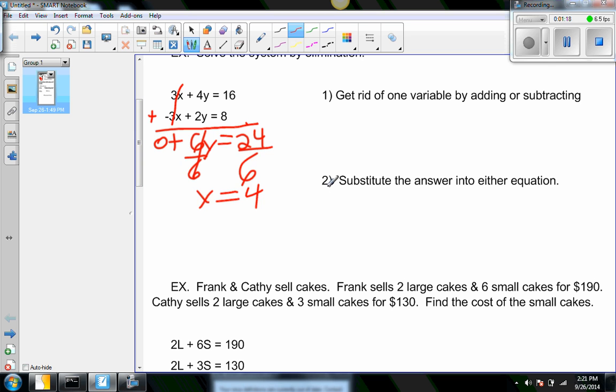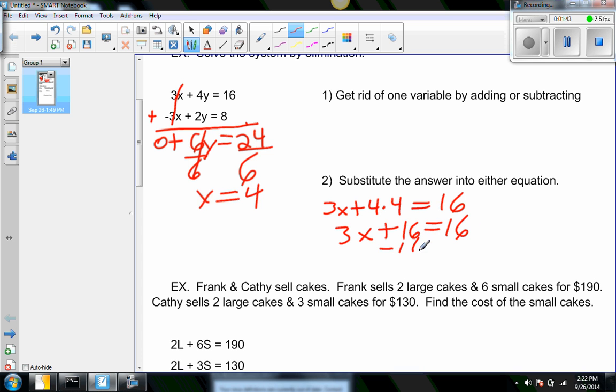So then I'm going to go ahead and substitute the answer into one of the equations. And so let's just do the first one. And I'll put it over here so you can see it hopefully. So if y is 4, I have 3x plus 4 times 4, because I'm plugging the answer in, equals 16. And so 3x plus 16 equals 16.